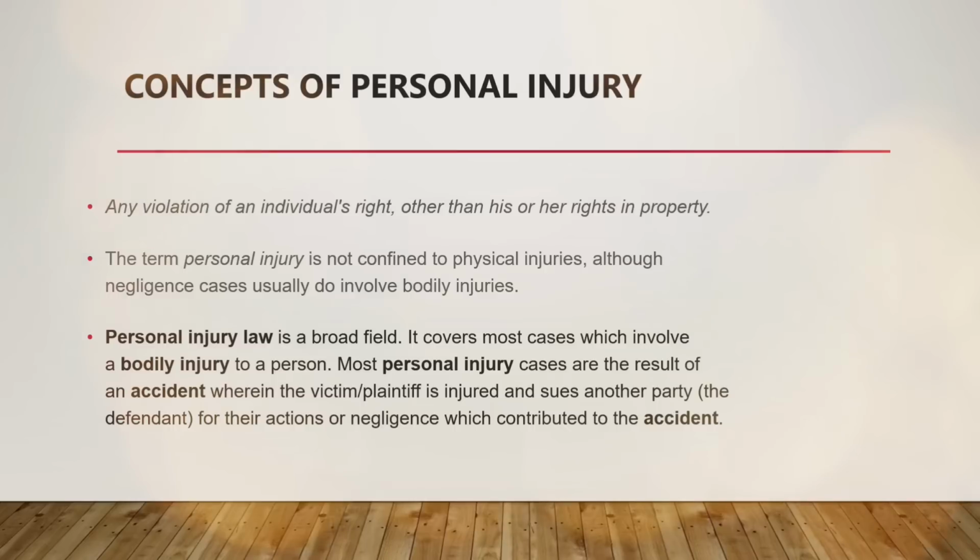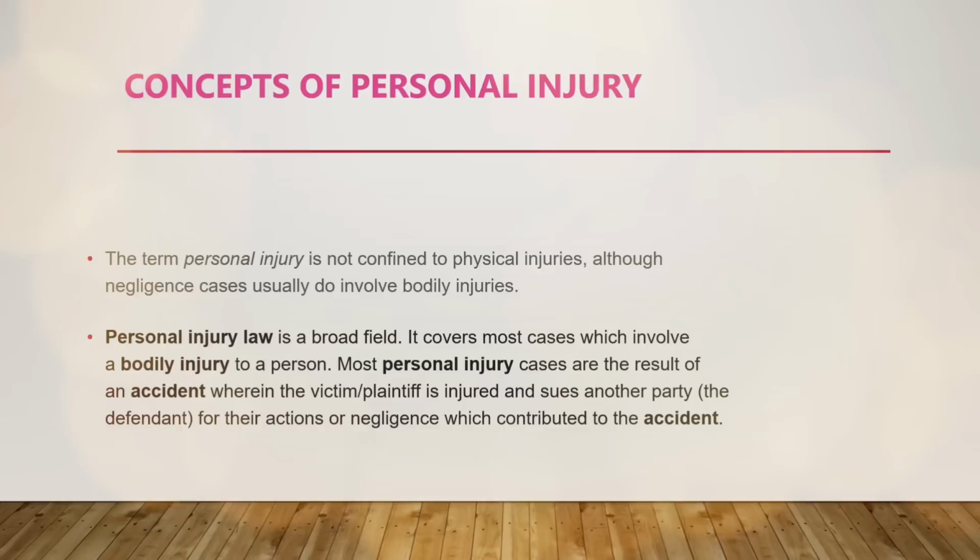The term personal injury is not confined to physical injuries, although negligence cases usually do involve bodily injuries. Personal injury law is a broad field. It covers most cases which involve a bodily injury to a person. Most personal injury cases are the result of an accident, wherein the victim is injured and sues another party for their actions or negligence which contributed to the accident.